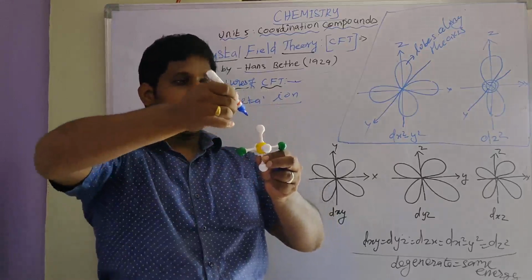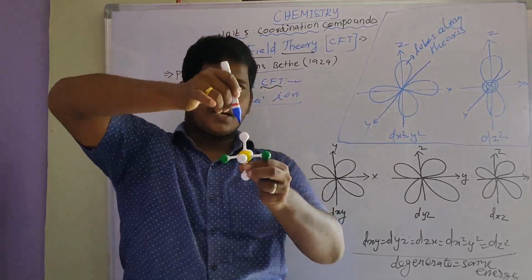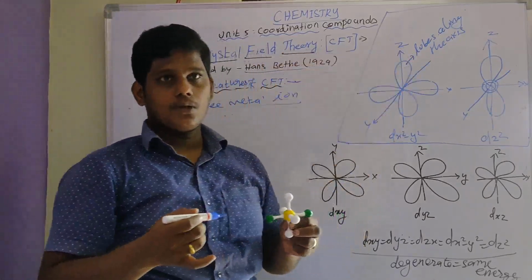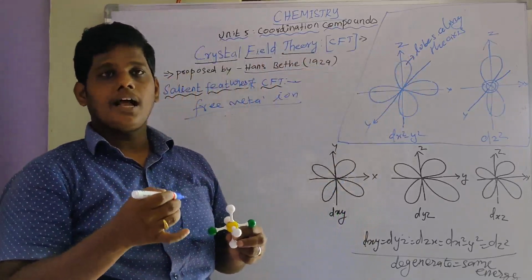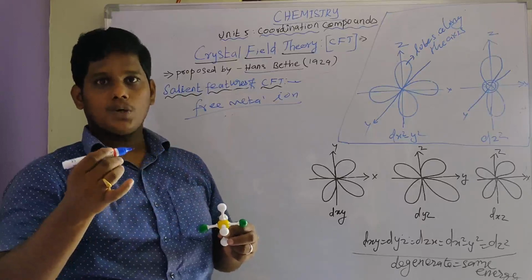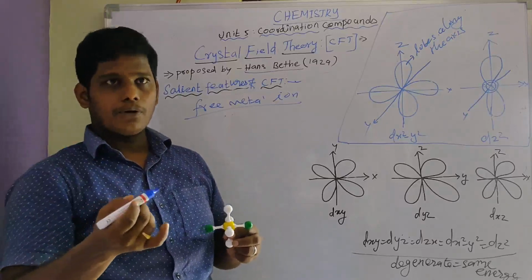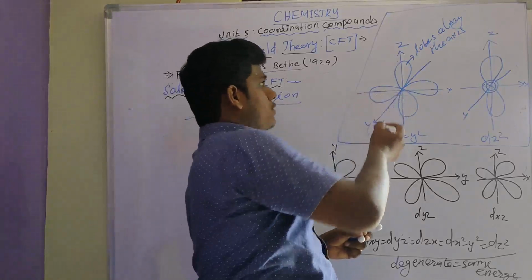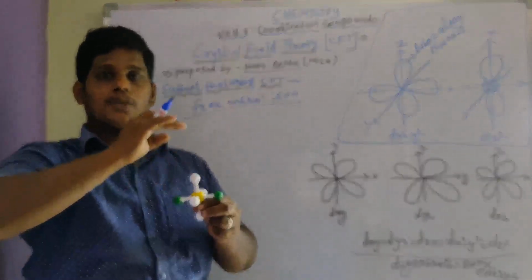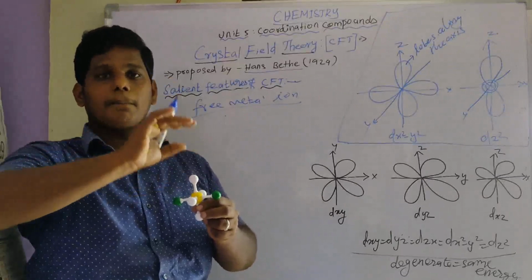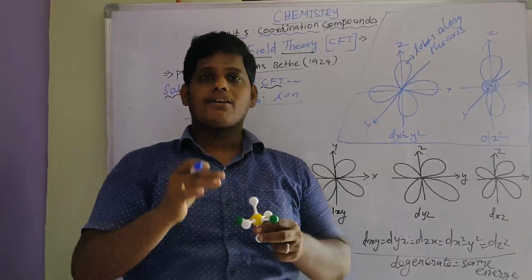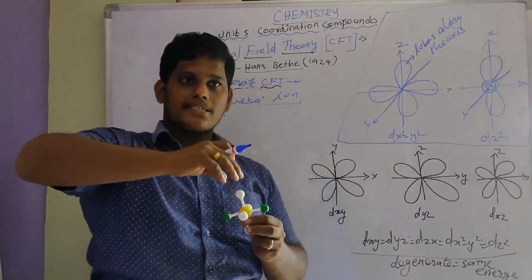So the ligand approach, the bond direction, is also where the orbital lobes are present. The ligand is an electron rich compound, and the metal has a positive charge with electrons in its orbitals. So repulsion between metal electrons and ligand electrons takes place.